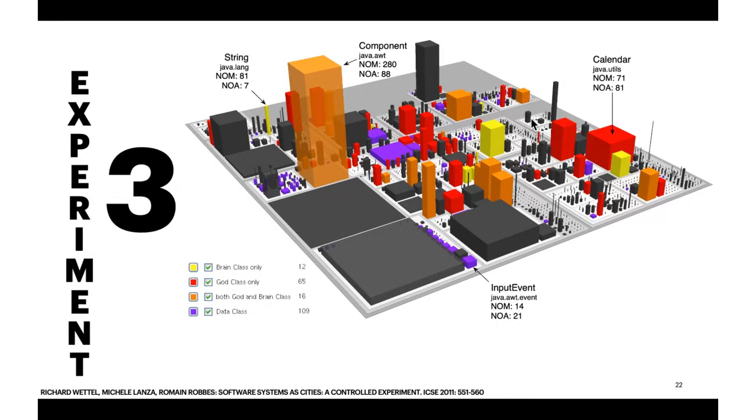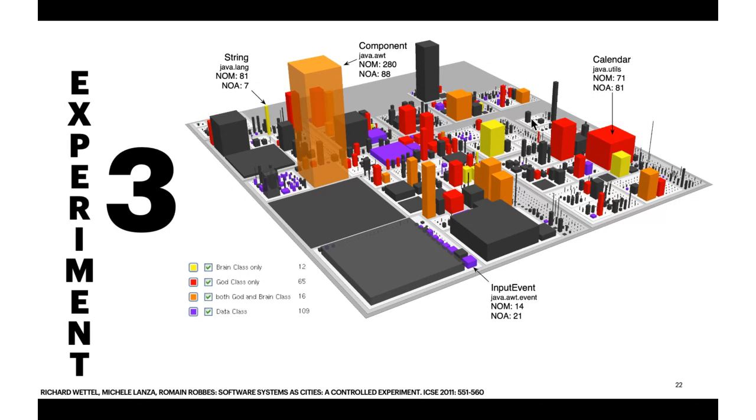So for instance, the height of the building is a number of methods in a class. The base size is the number of attributes. And the color is presence of specific code smells. So if you look carefully at the slide, you will see that, for instance, yellow corresponds to brain class, and red corresponds to God class, and so on and so forth.